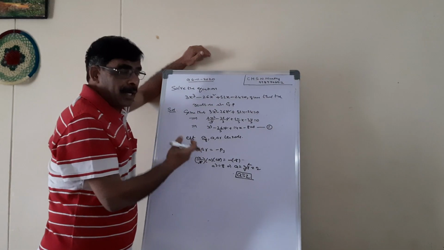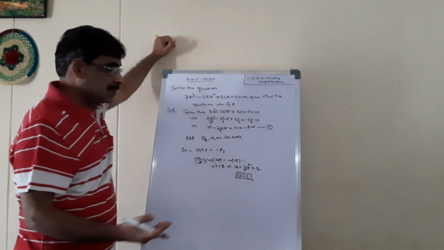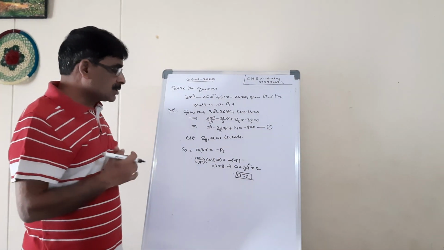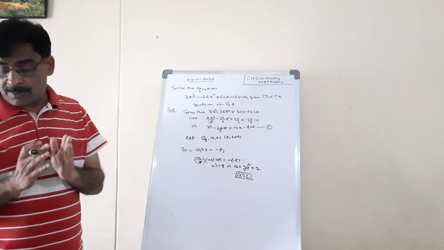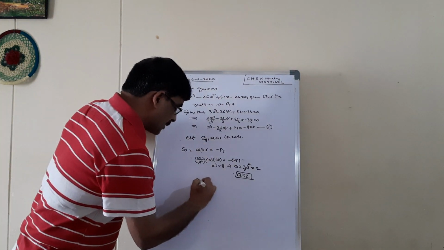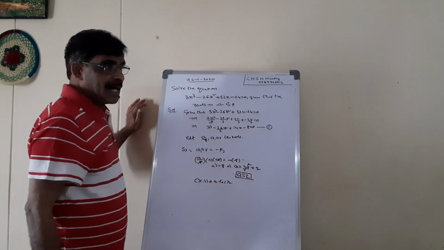You have taken the product of the roots, alpha beta gamma, which is equal to minus P3. Substituting the P3 value, you have A equal to 2. So A equal to 2 means x minus 2 is a factor. Since x minus 2 is a factor, you have to find the remaining factor.